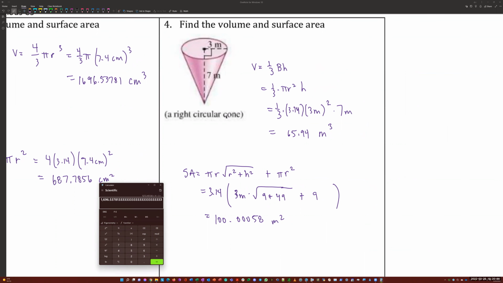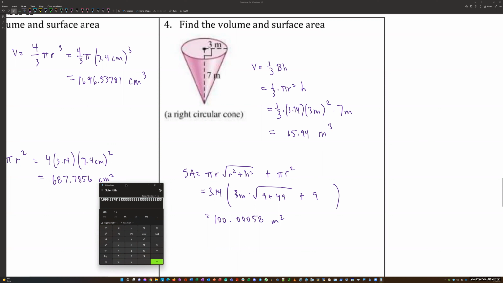You have to remember that the volume of a cone is 1/3 of the area of the base times the height. Note also, every single time I write area of the base, I'm writing a capital letter just to distinguish, so it's easier for me to see which one's which. So the area of the base times the height, the area of the base is pi r squared. The height is 7, r is 3. So this is 1/3 times 3.14 times 3 squared times 7.